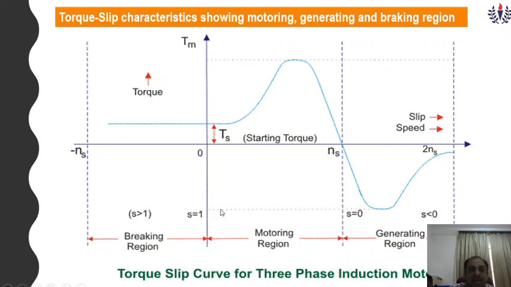When the slip value is greater than 1, the machine operates in braking mode. The motor is rotated in the opposite direction to that of the rotating field. In practical cases, if you change the sequence of the supply lines, instead of giving RYB, if you give RBY, the sequence changes automatically, and the machine will run in the opposite direction.